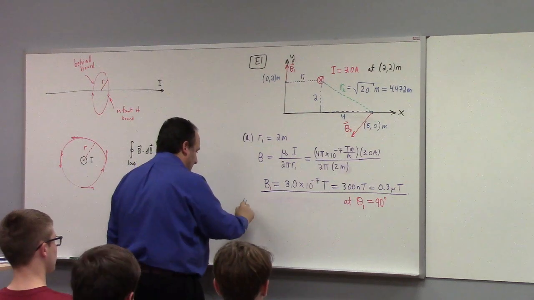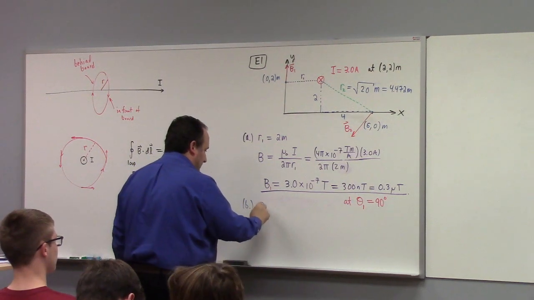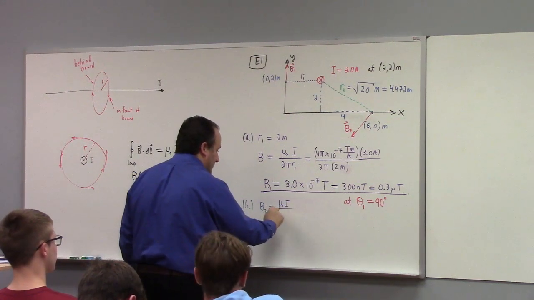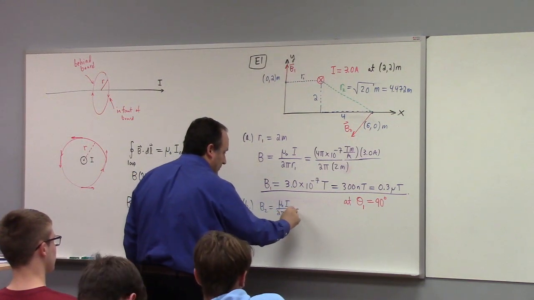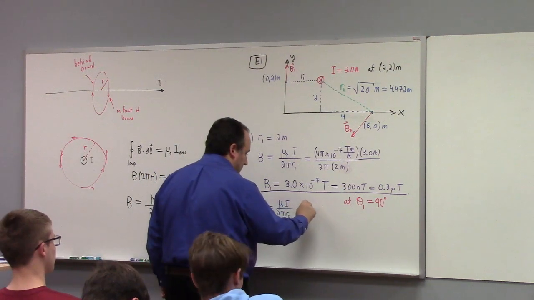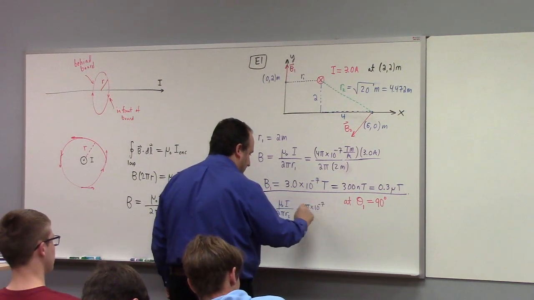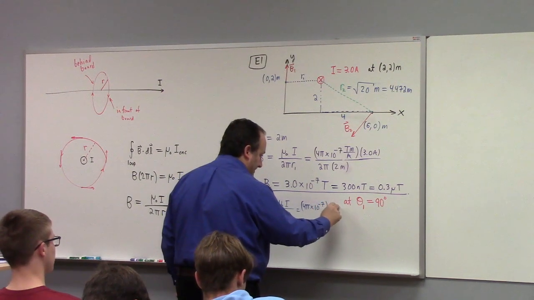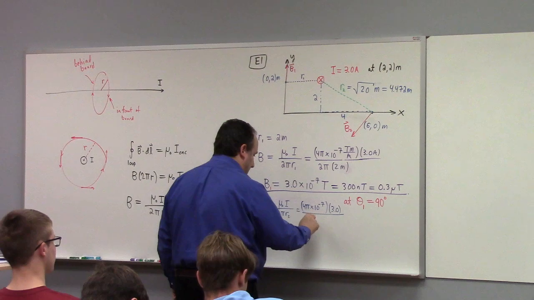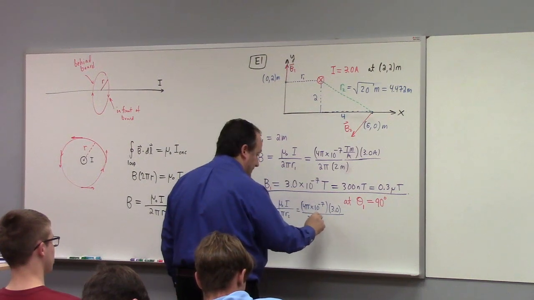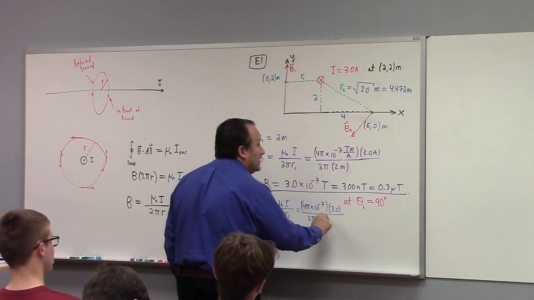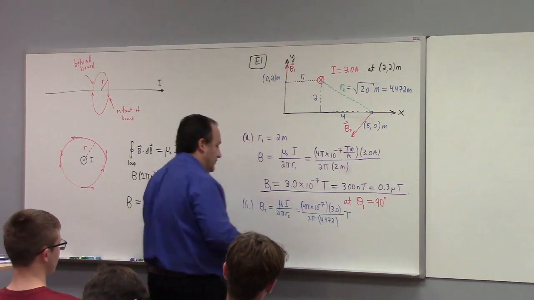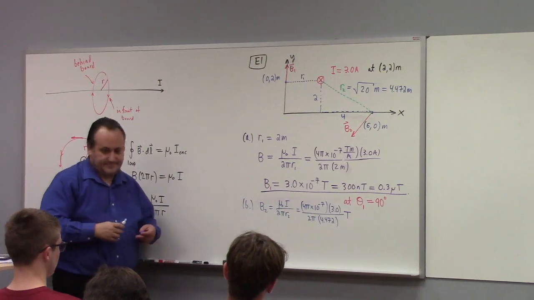So for part B, B2 is mu naught I over 2 pi R2, which is 4 pi times 10 to the minus 7th times my still 3 amps, divided by 2 pi times 4.472, and that's all, of course, going to be in Teslas. Whatever that works out to, right?